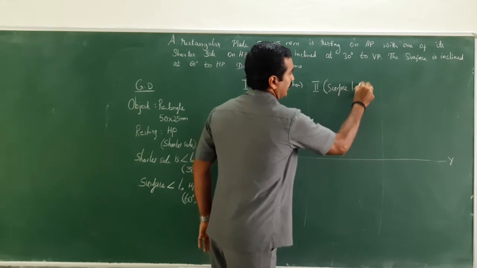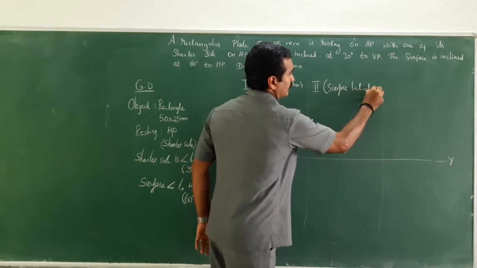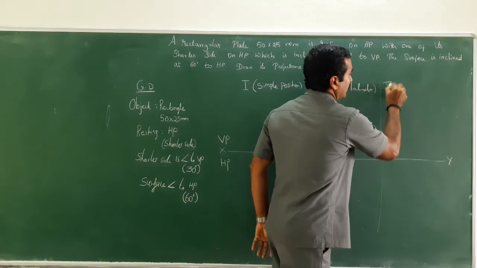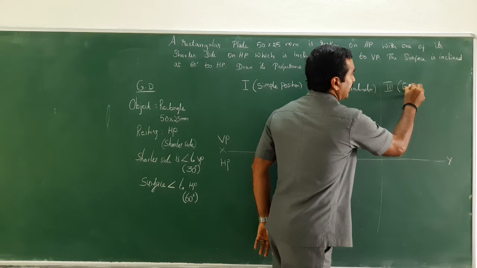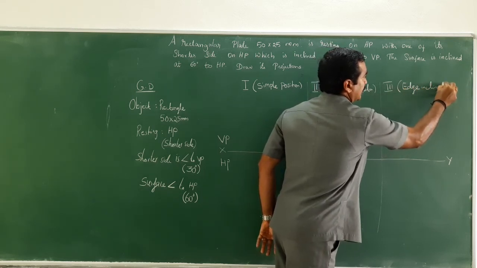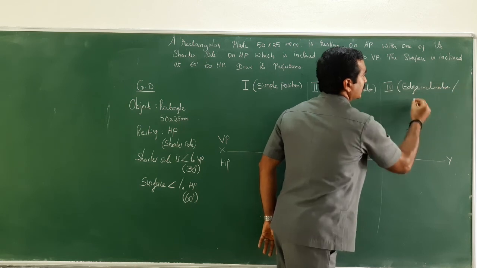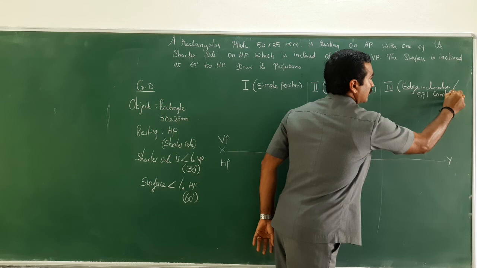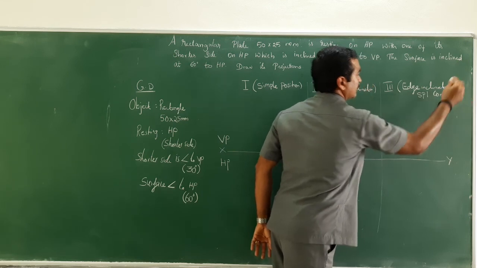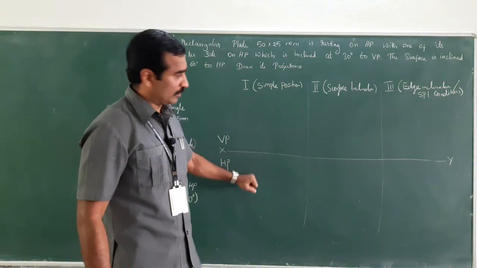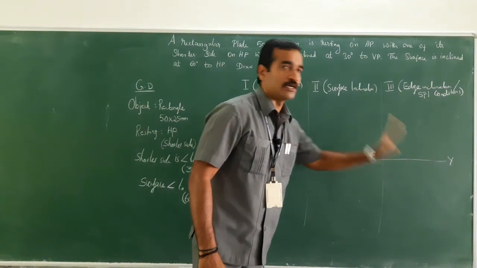And the third stage refers to the edge inclination, or any other special conditions. In each stage you will have a front view and a top view: front view, top view, front view, top view, front view, top view.